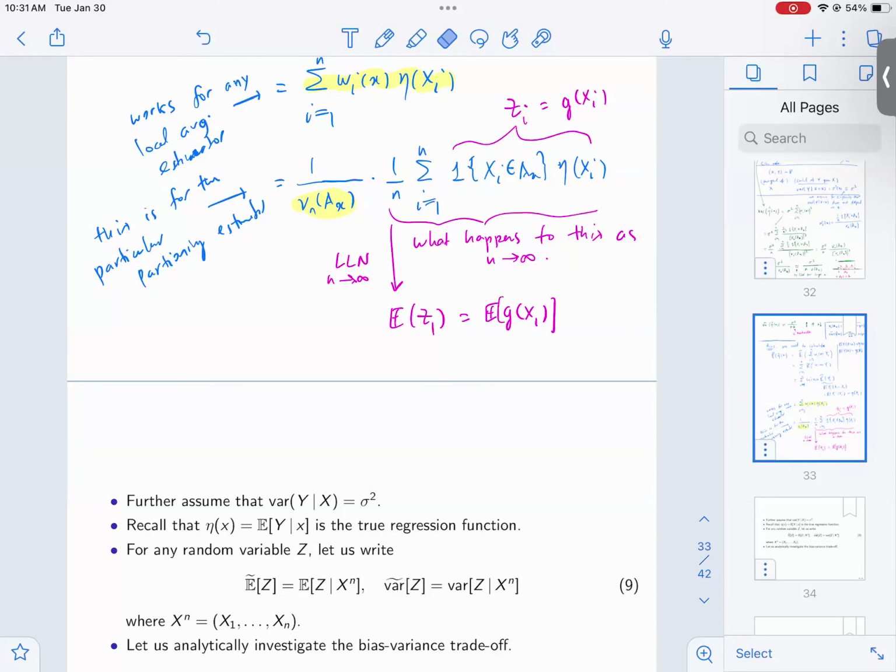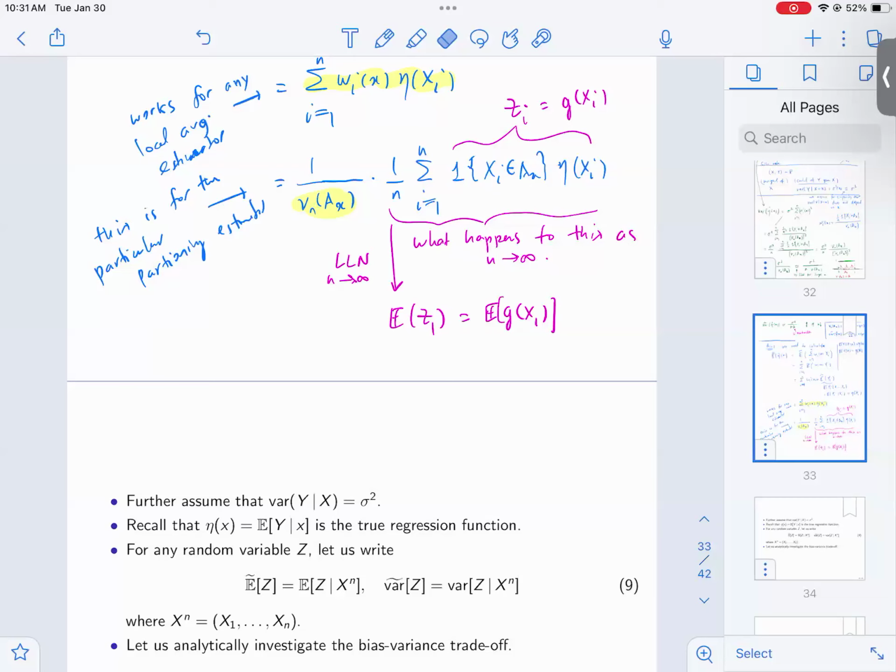Oh, I think I lost it there. So suppose the X's have density f_X. In this case, it's uniform, but this is general. So if X_1 has density f_X, you write the expectation of g of X_1 in terms of the density of X. Integral, yes.